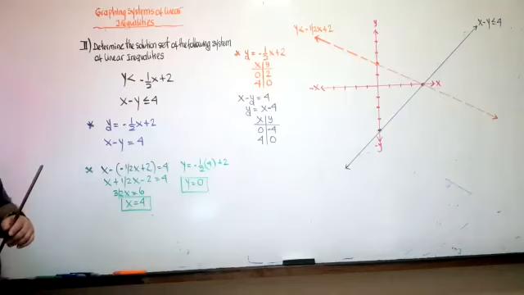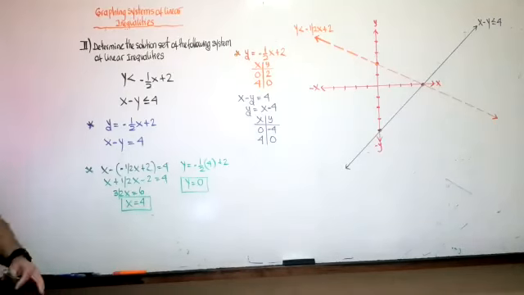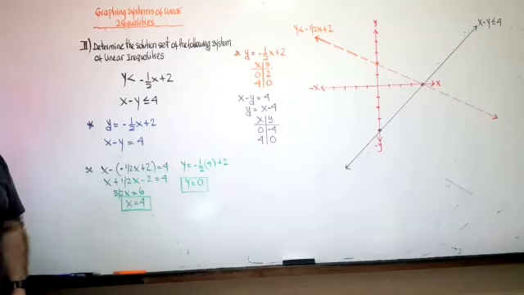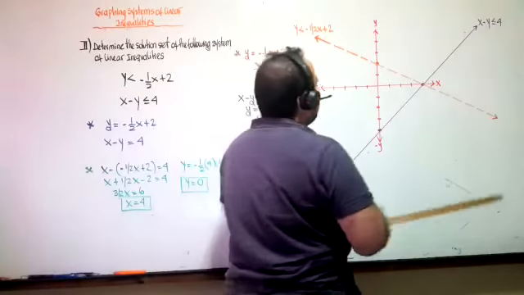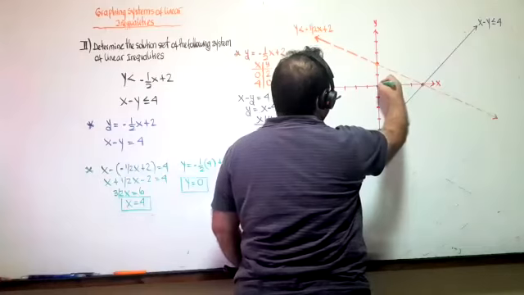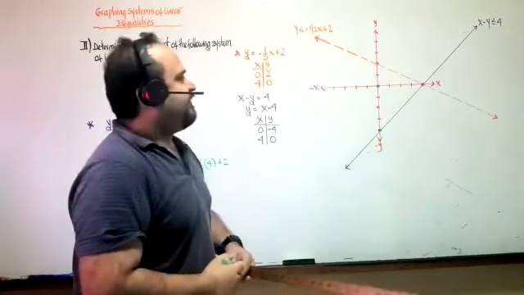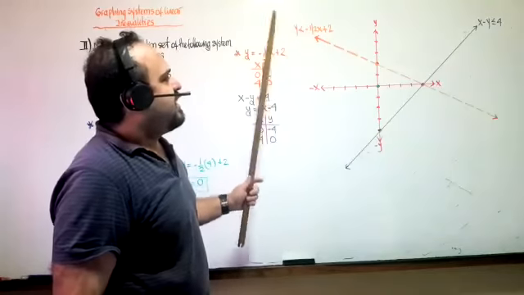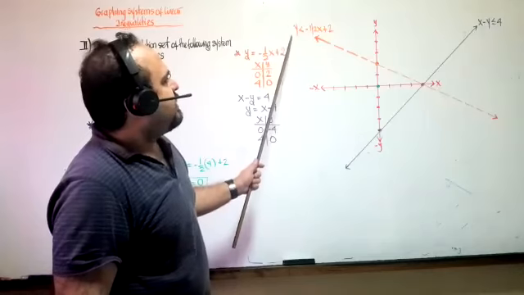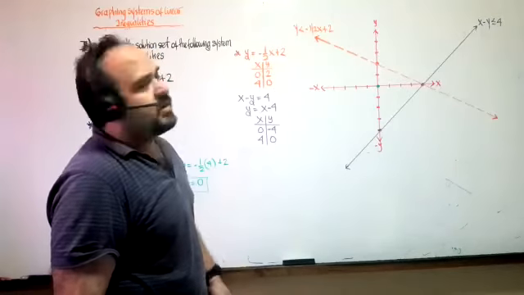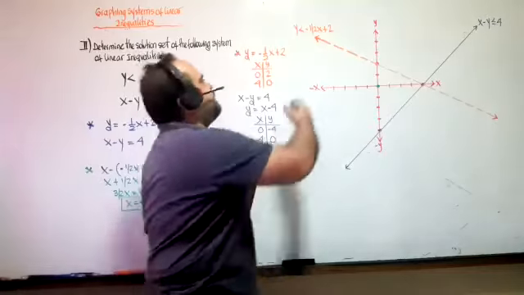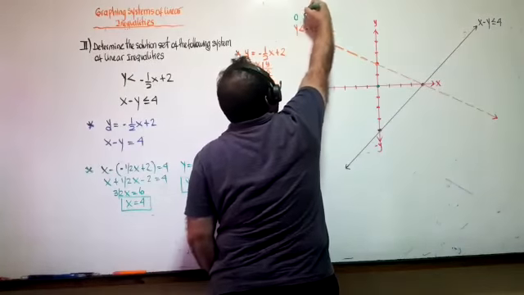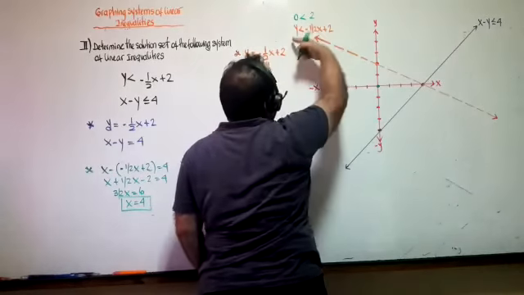Now let's analyze where the common solution zone is going to be. For example, if I test the orange one, we're going to use the origin. If we substitute x and y with 0, 0 less than 2, is that true? Yes, true, because x equals 0, y equals 0.